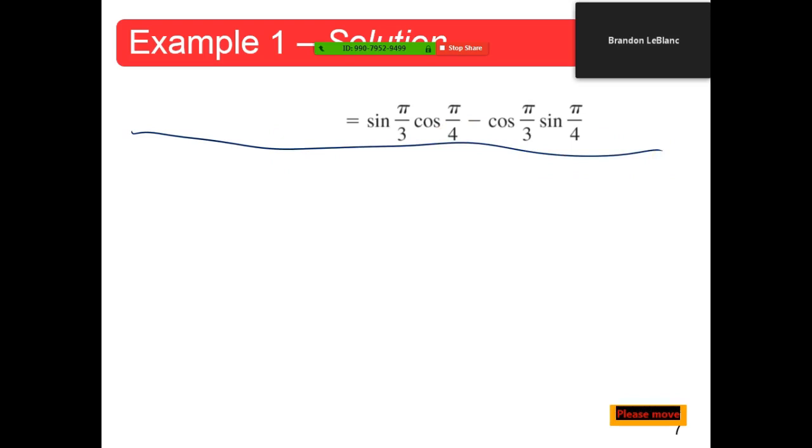Find the exact value of sine of u plus v. That's very much like what we had across the page there. Given that the sine of u is equal to 4/5, where 0 is less than u is less than pi halves.